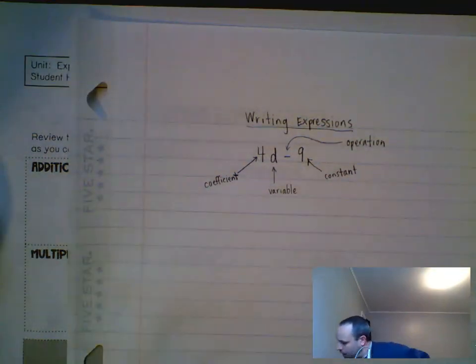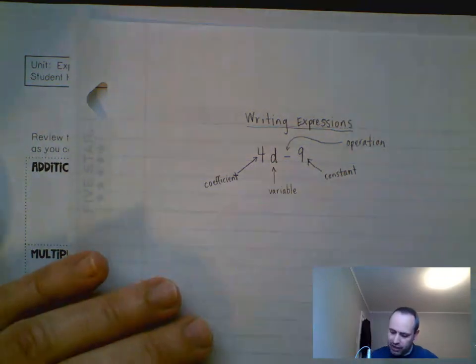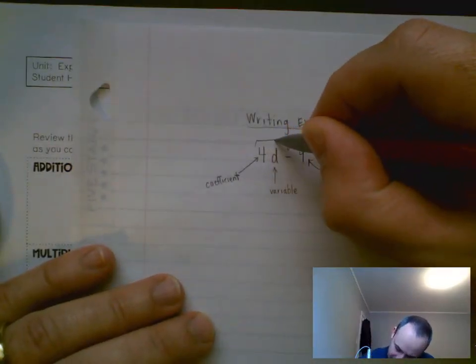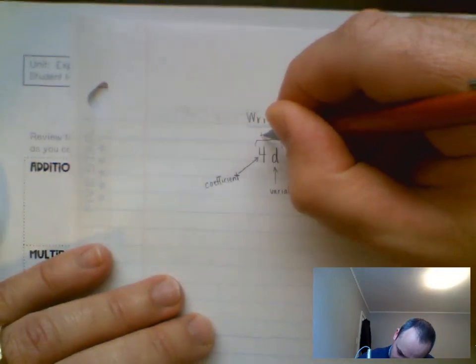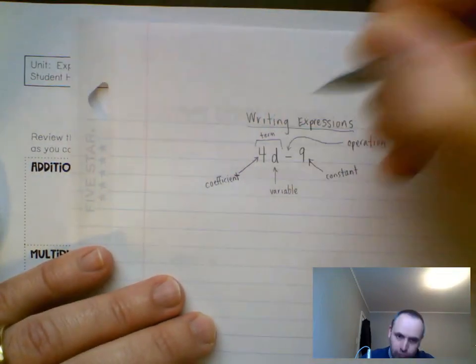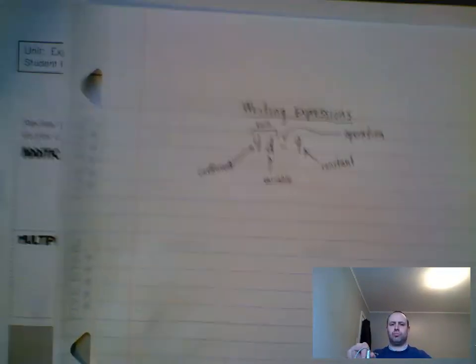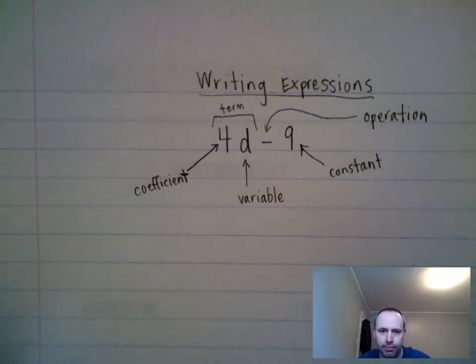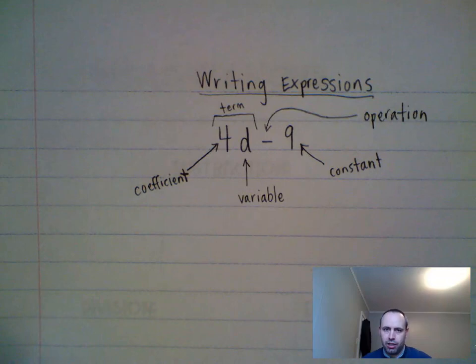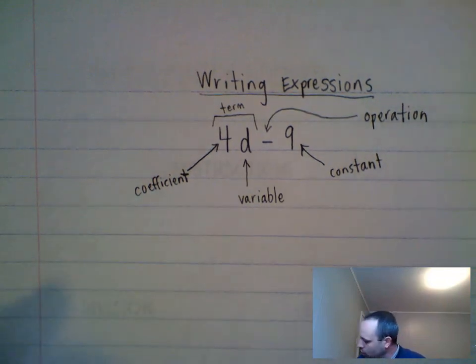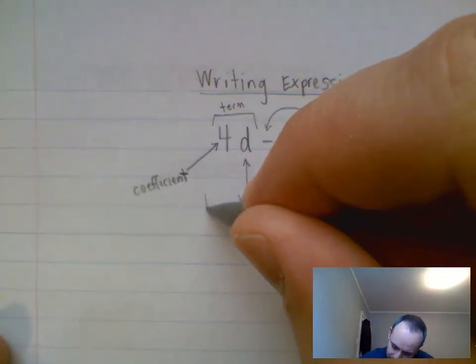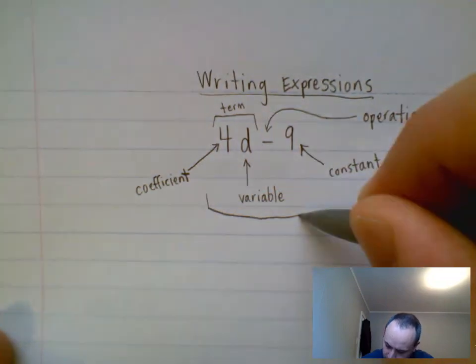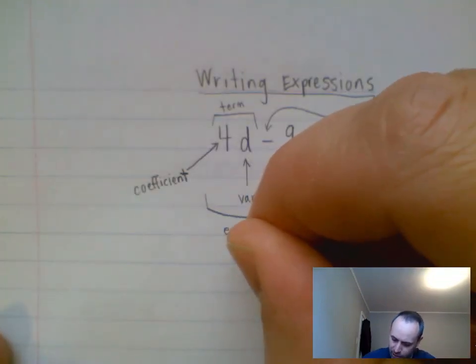And if you have a couple things together like this, it can be called a term. So it's a term within the expression. If they say, what's the term? A term is 4d. And then the whole thing together, like 4d minus 9, the whole entire thing is called your expression.